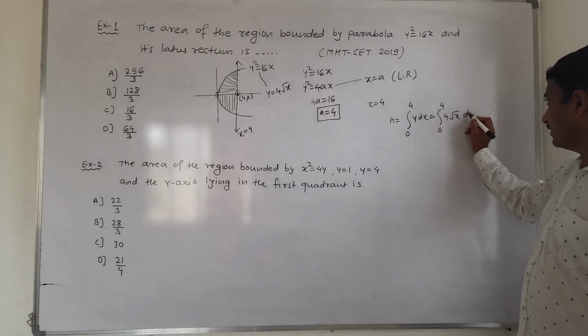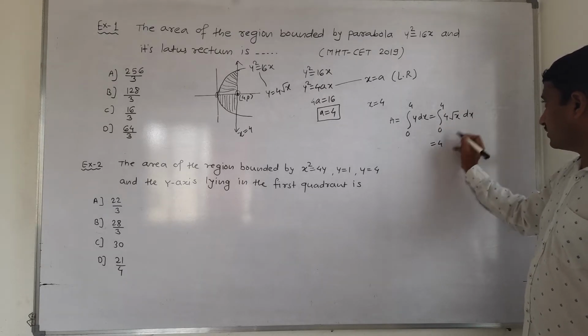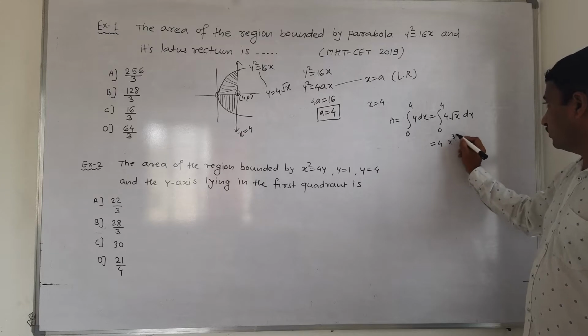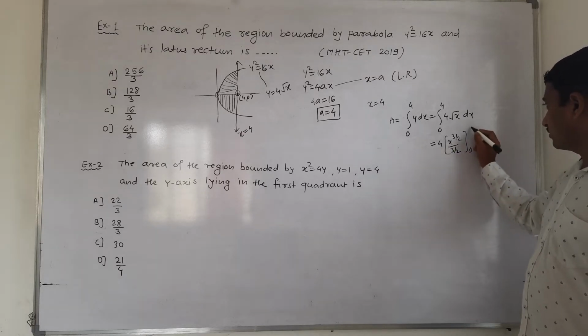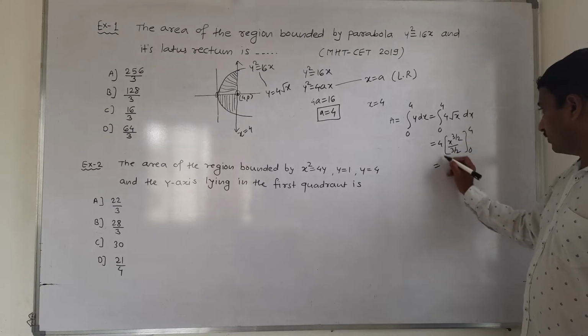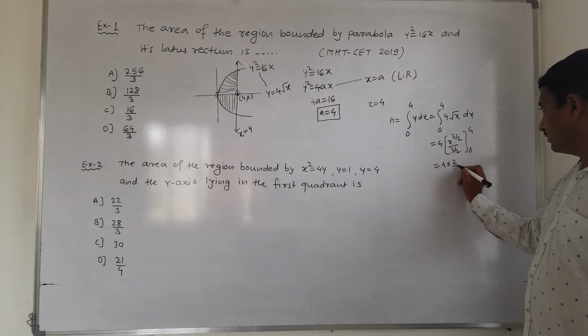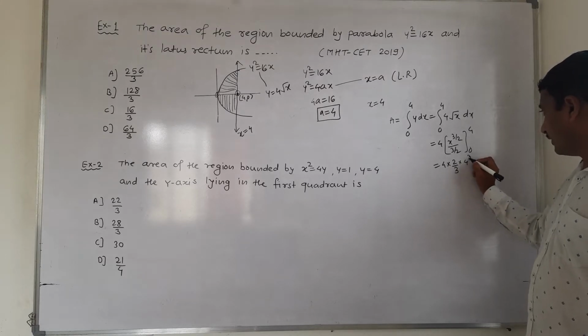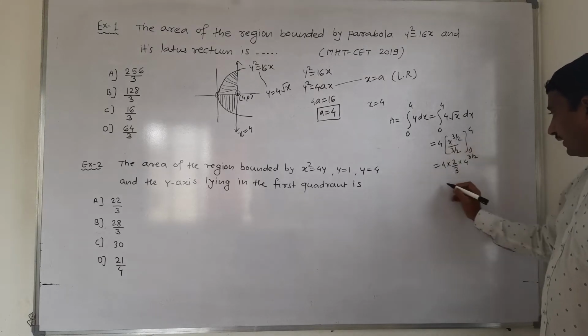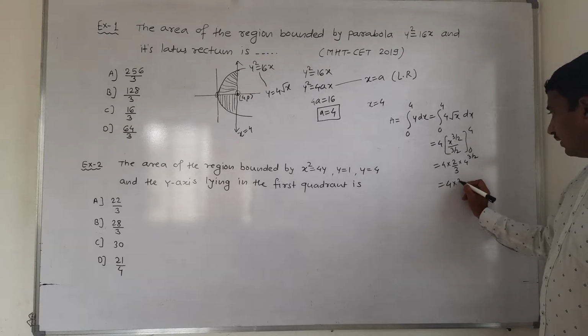Its integration is 4 times x raised to 3 by 2 upon 3 by 2, with limits 0 to 4. This is 4 into 2 by 3, and inside it is 4 raised to 3 by 2, upper limit minus lower limit, 0 neglected.